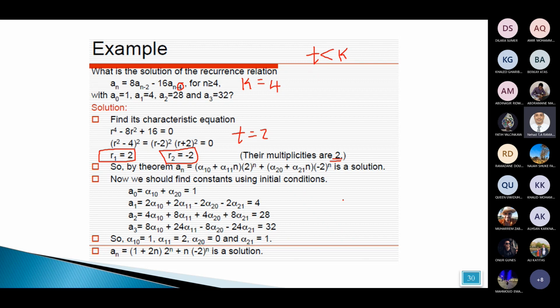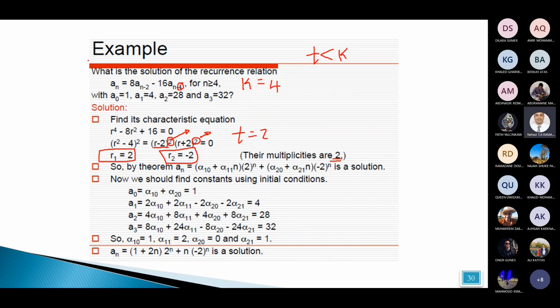It could have different multiplicities, because we have here R minus 2 power 2. This first solution, power 2, means multiplicity 2. For the second solution, R plus 2 power 2, the multiplicity is also 2. We could have different multiplicity for each solution, but here they are the same.